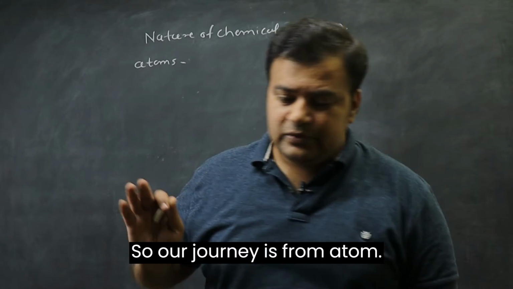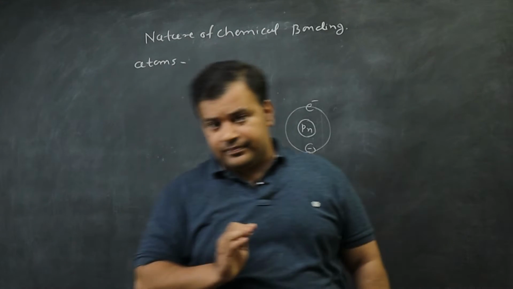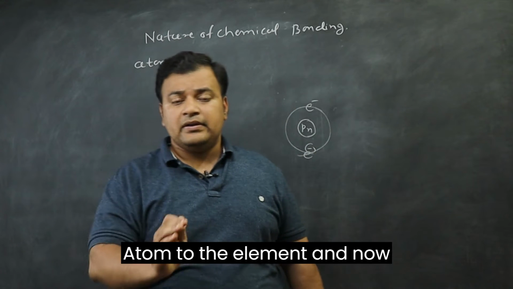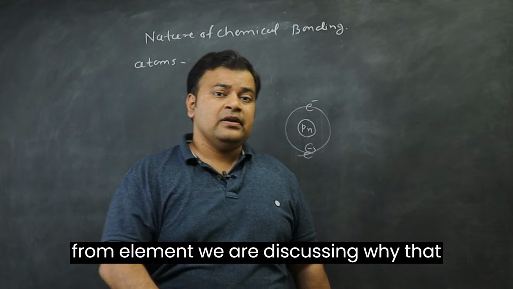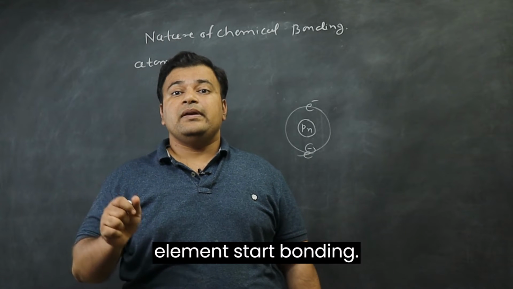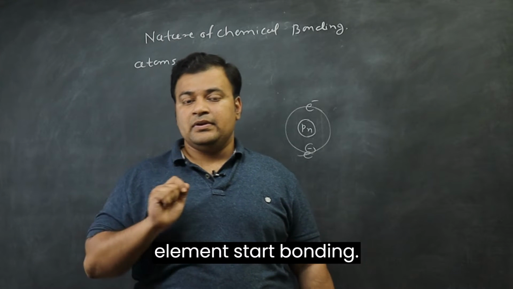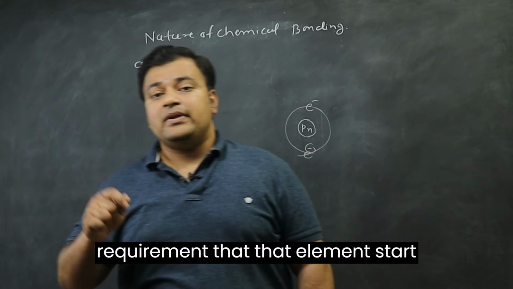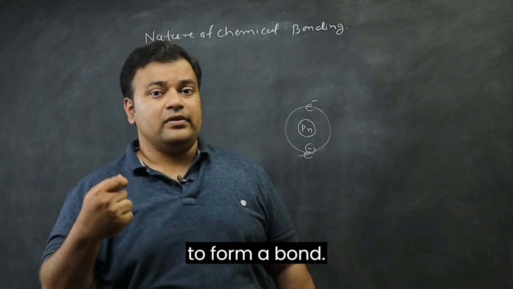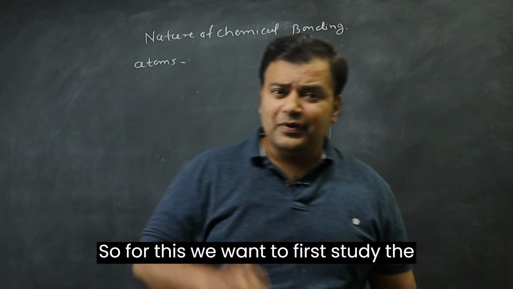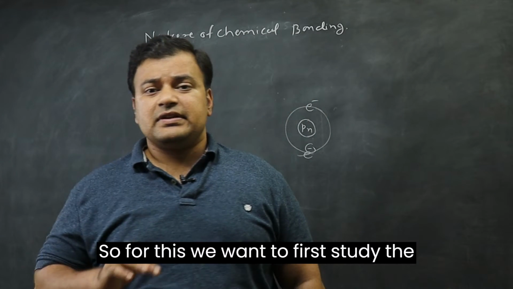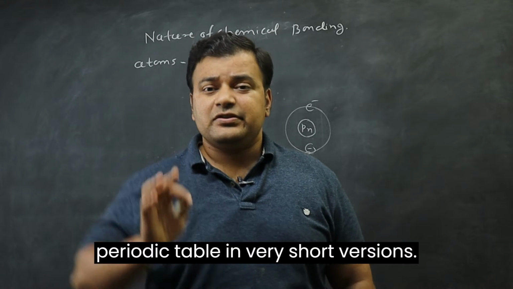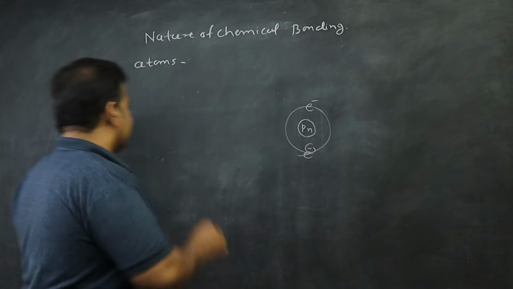Okay. So our journey is from atom to the element, and now from element we are discussing why that element starts bonding. What is the condition, what is the requirement that that element starts to form a bond. Okay. So for this we first want to study the periodic table in a very short version.